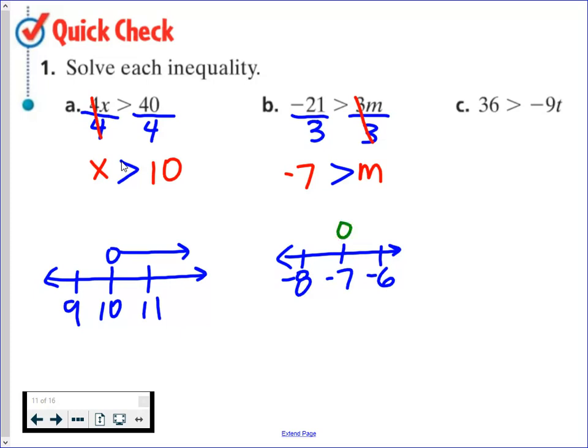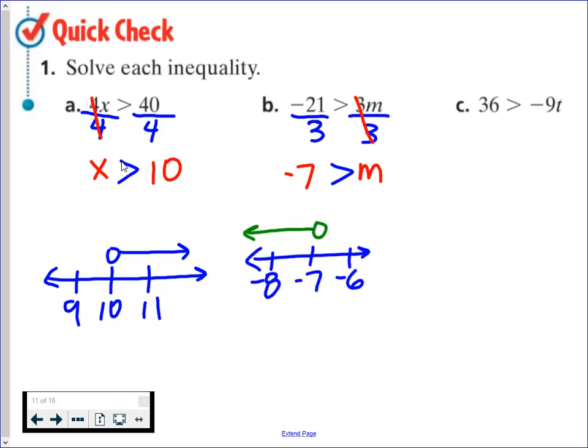Negative 7 is bigger than negative 8. Don't be thrown off by this negative 21 up here. That doesn't matter. I was dividing by positive 3. That is what matters.